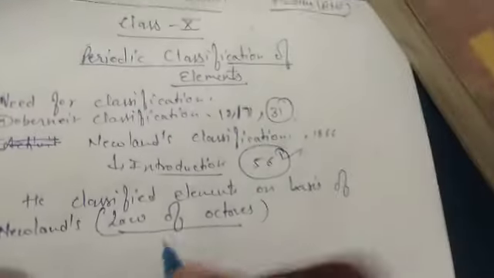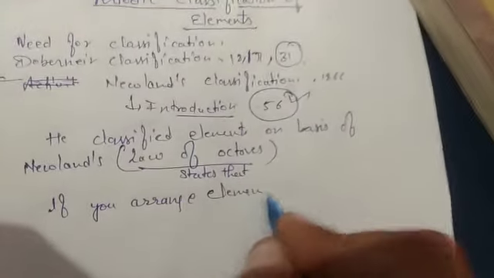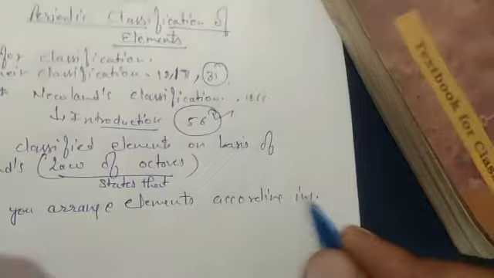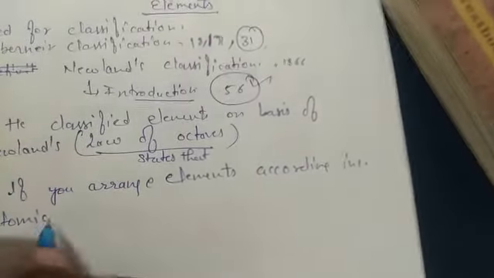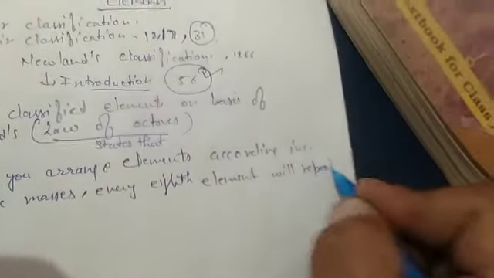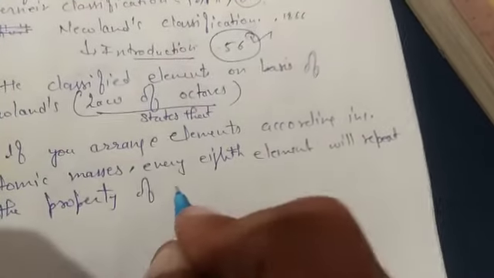The law of octaves states that if you arrange elements according to increasing atomic masses, every eighth element will repeat the property of the first element.